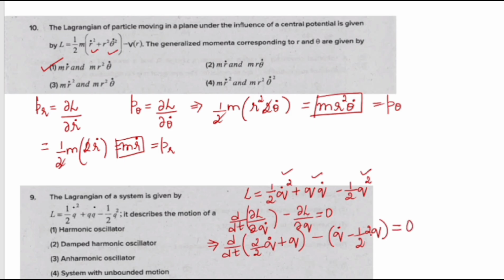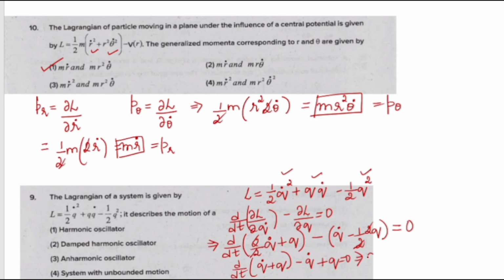My RHS is 0. The 2 gets cancelled. So the total derivative of q dot plus q, minus q dot, minus minus, it will be plus q, which is equal to 0. So we need to take the complete derivative with respect to time.